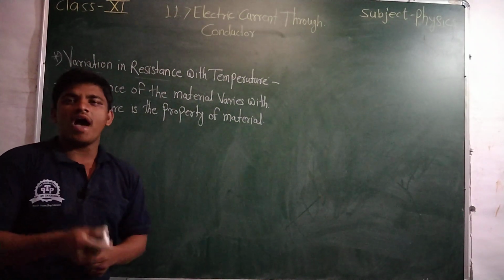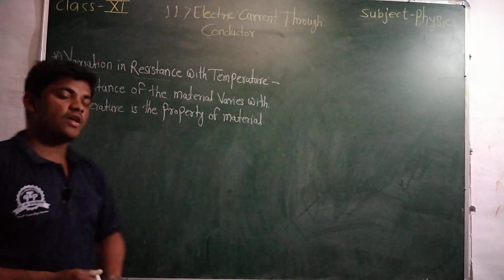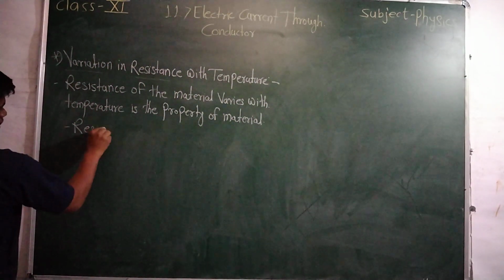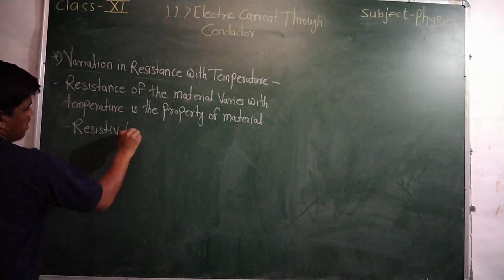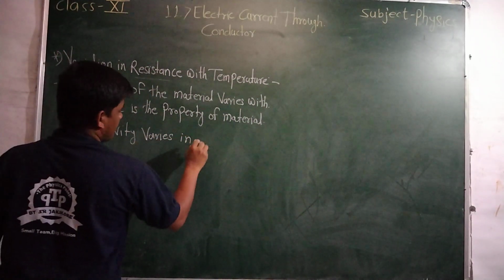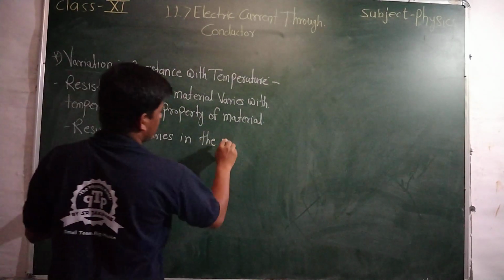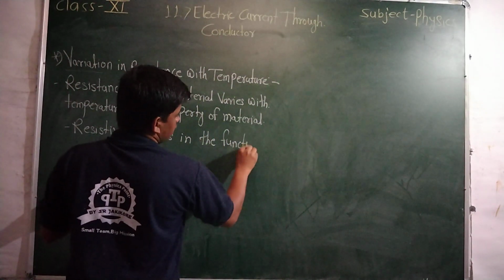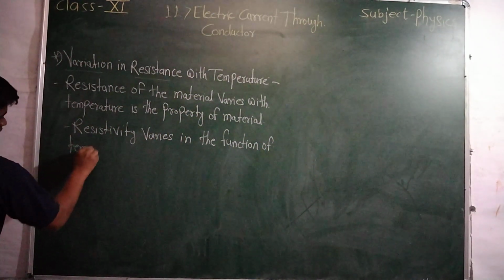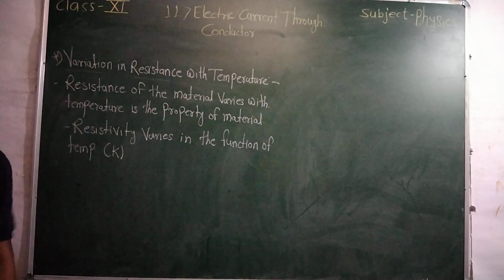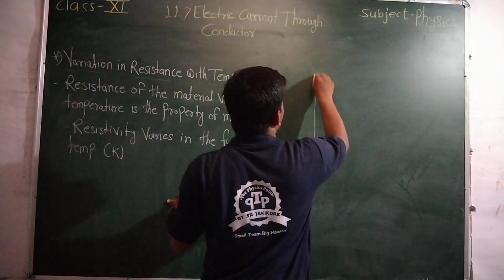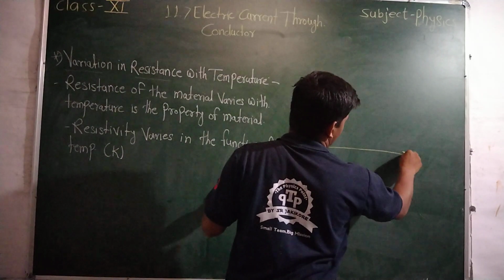The resistivity varies as a function of the temperature. I will show you one of the relations between the variation of the resistance or resistivity as a function of temperature.